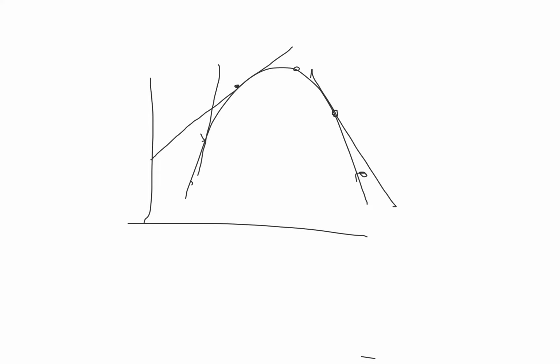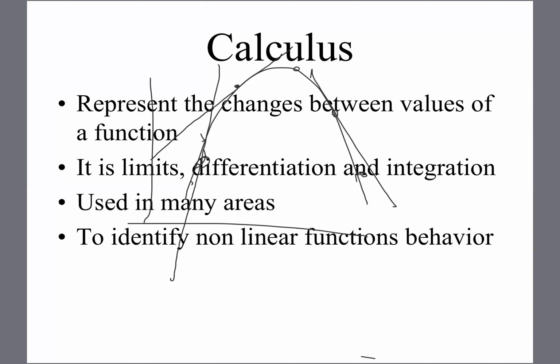Therefore, if we want to find the slope of these functions at different points, we can use calculus. Generally, when explaining or identifying the behavior of non-linear functions, we can use calculus. That's why it is important and why we are learning it.